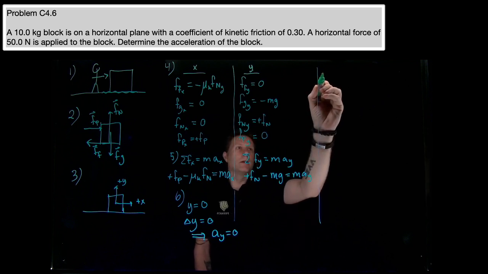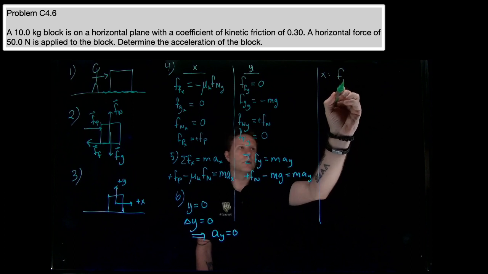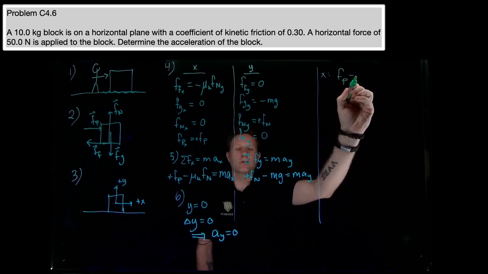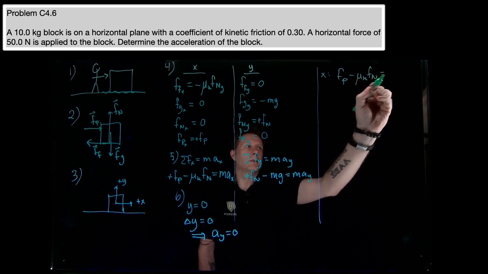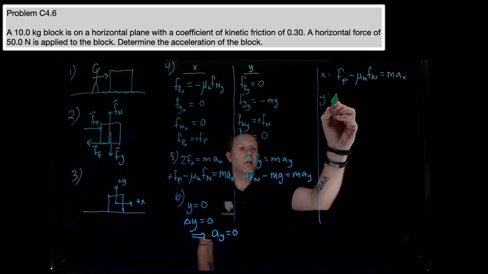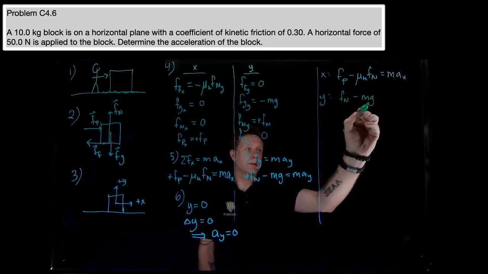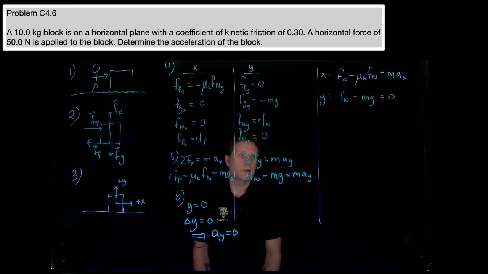For our x, we have the pushing force minus the coefficient times the normal force equals mass times the acceleration in x. For the y direction, we now have the normal force minus mass times the acceleration of gravity is equal to 0 by applying the equation of constraint.